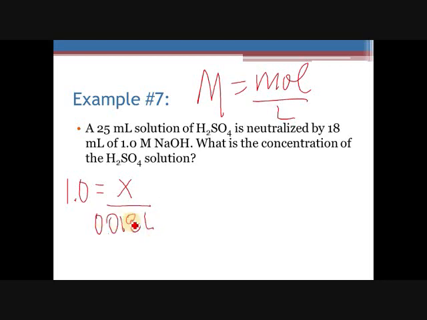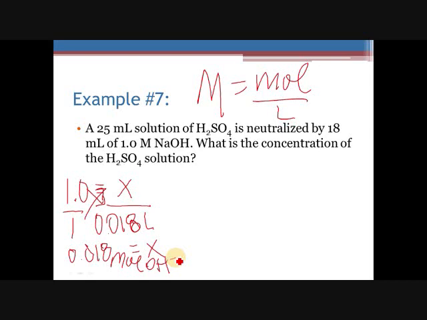Remember how we solved this? We cross multiply. So 0.018 times 1 is equal to X, and that is our moles of the OH, or the sodium hydroxide, it's the same thing here.